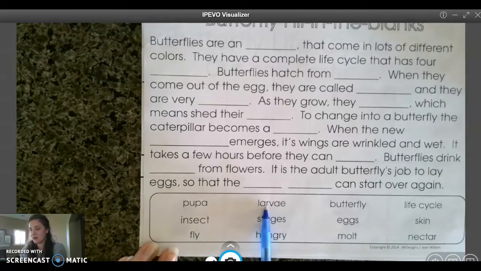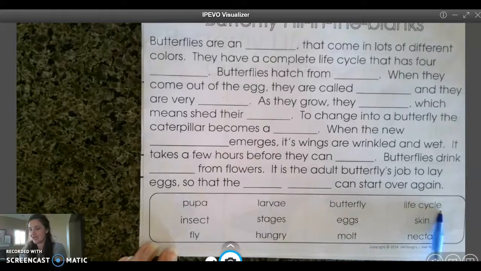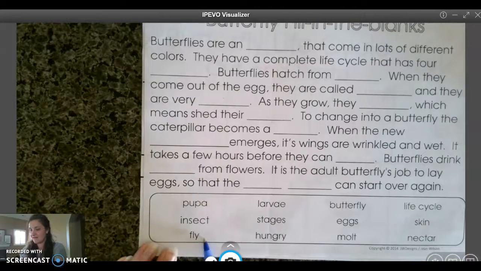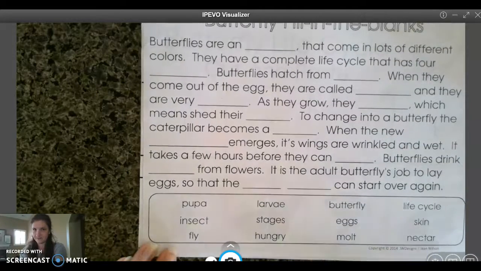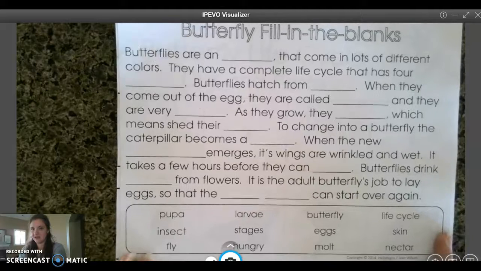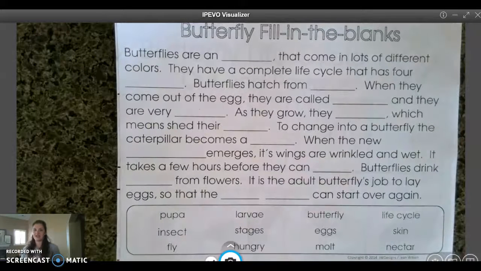Pupa, larvae, butterfly, life cycle, insect, stages, eggs, skin, fly, hungry, molt, and nectar. Okay, so let's see if we can figure out where each of those words belong.